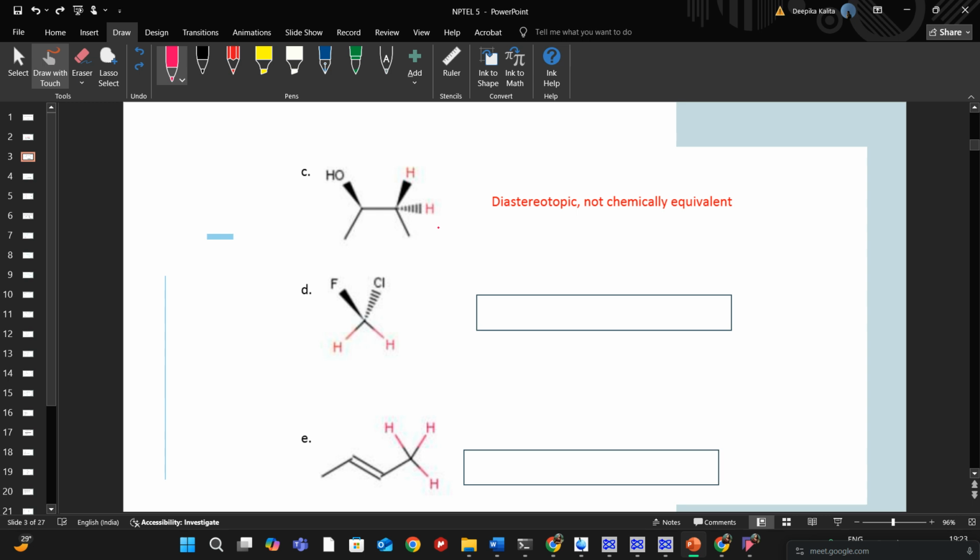Okay, for instance, let us solve the absolute configuration of these two centers. Let us assume this proton has been replaced by D.